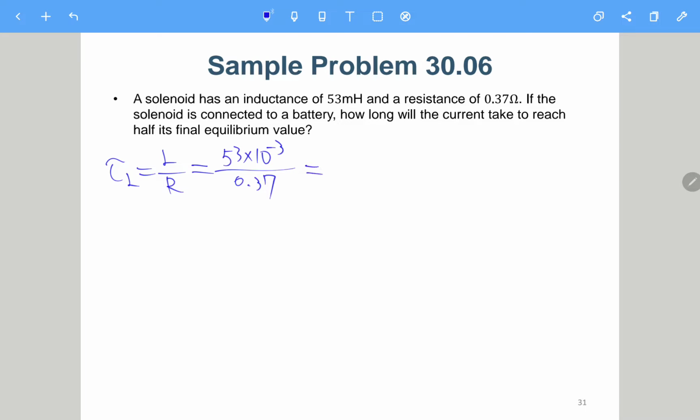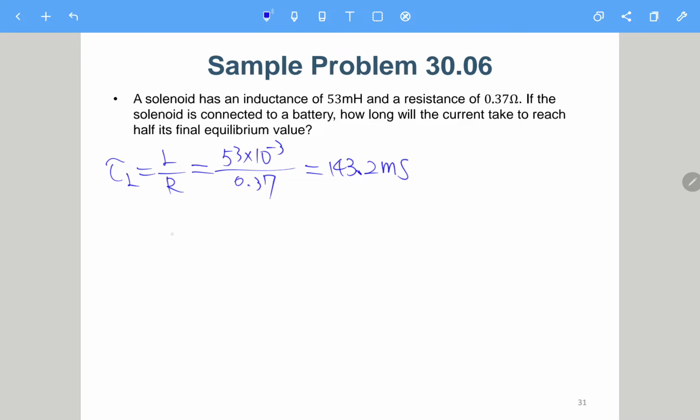So this number is 143.2 milliseconds. Of course the answer is not this value.